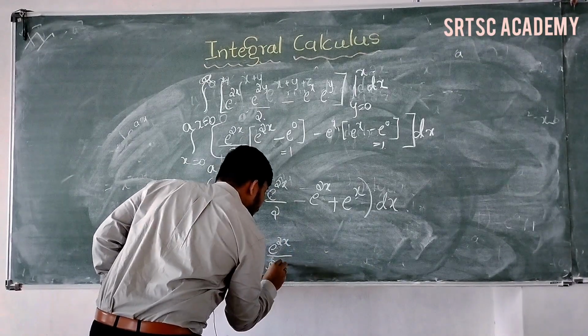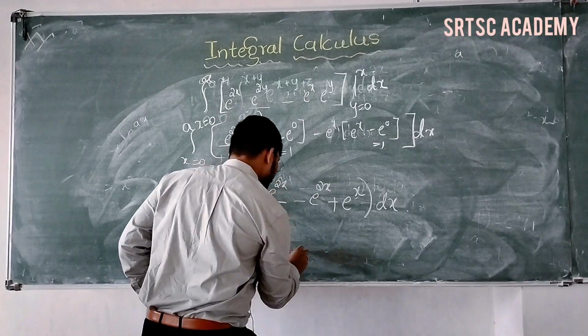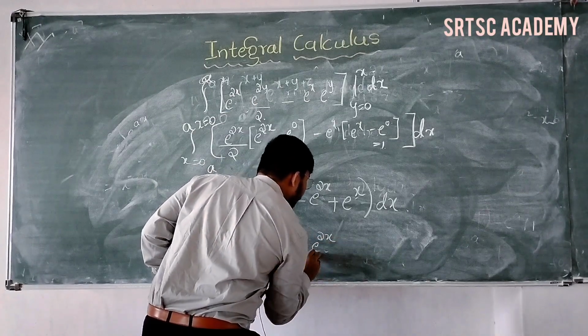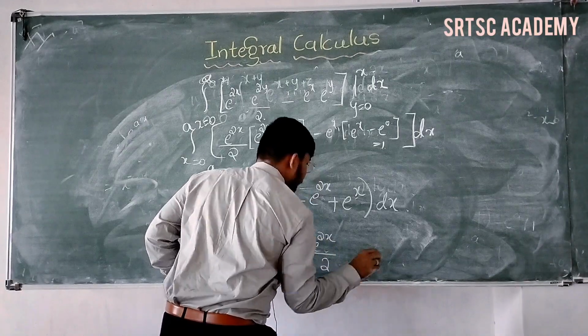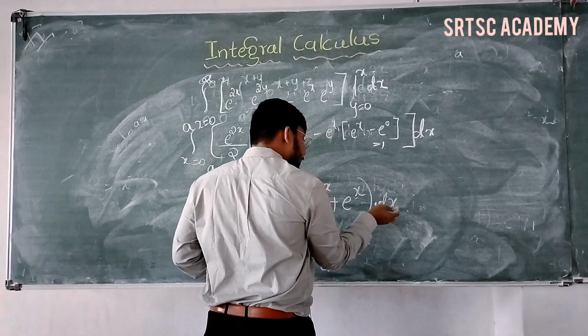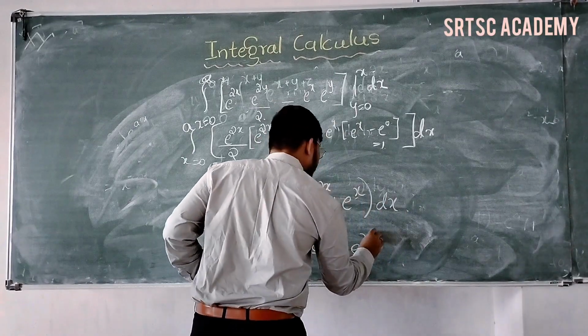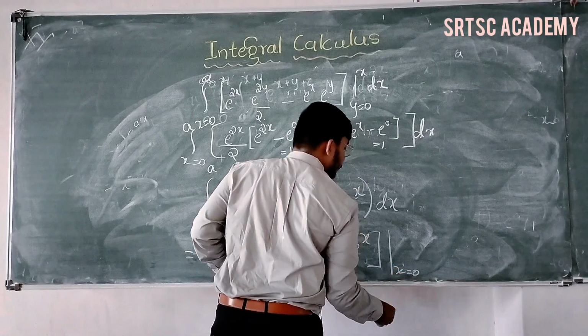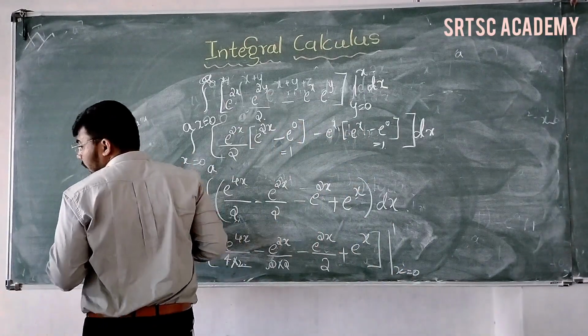Already we have 2, so multiply 2. Minus e to the power 2x, coefficient of x is 2, so divided by 2. Plus e to the power x. Integration of e to the power x is nothing but e to the power x only. Apply the limit. x varies from 0 to 1. Okay.